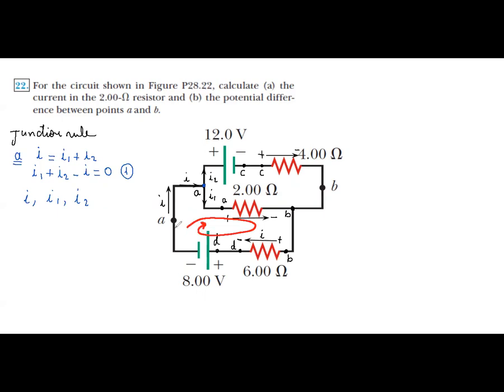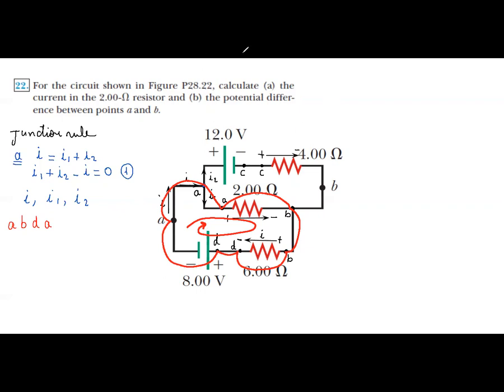We start from A to B, B to D, and D to A. So first of all we take A to B to D to A, and we go in the clockwise direction.